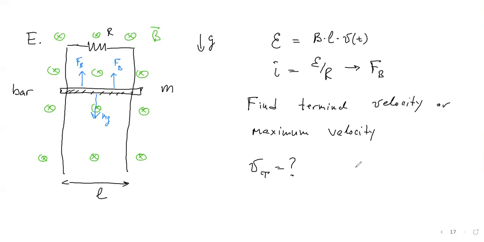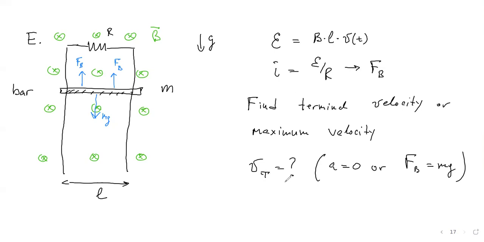So the terminal velocity will correspond to a situation when the acceleration will be zero, or the magnetic force will be equal to the gravity force. So the bar is not accelerating anymore. It will reach the maximum possible speed, velocity. And this is what we call terminal velocity.